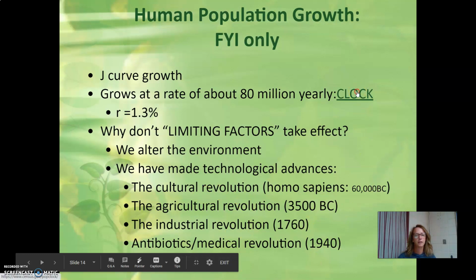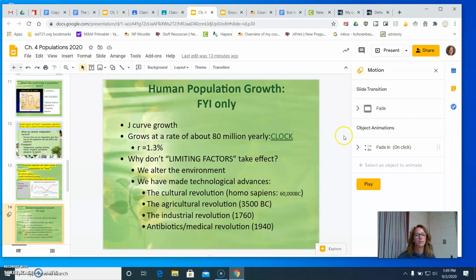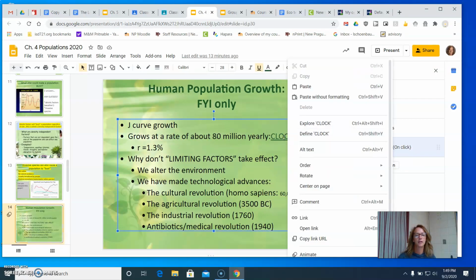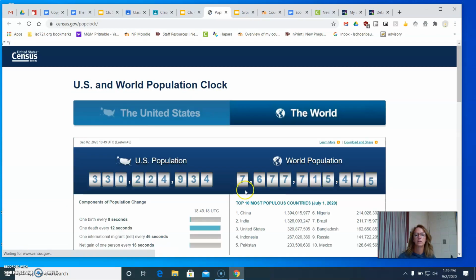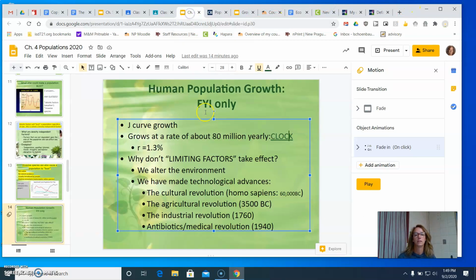I'm going to click on this and open this up to show you a population clock that is current. So this shows world population and it's quickly growing. So it's kind of freaky how many babies are being born all the time.